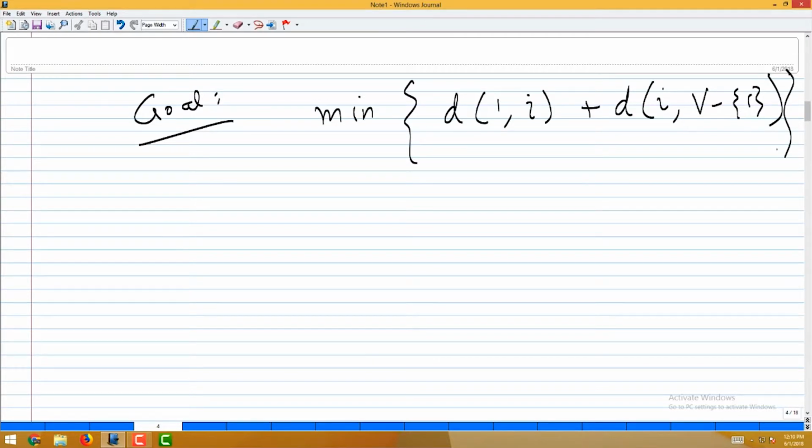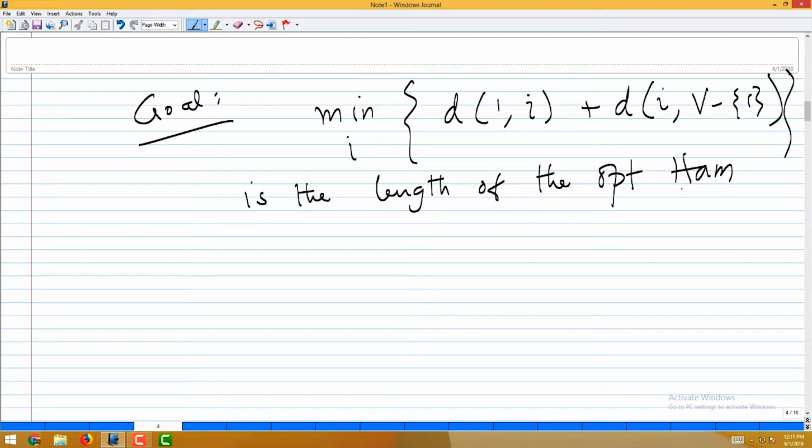This is already computed from my table. So, I finally get the length of the optimum Hamiltonian cycle. So, this is my nice dynamic programming algorithm.